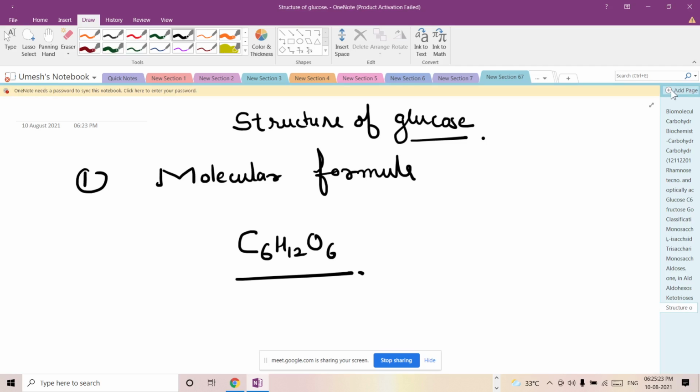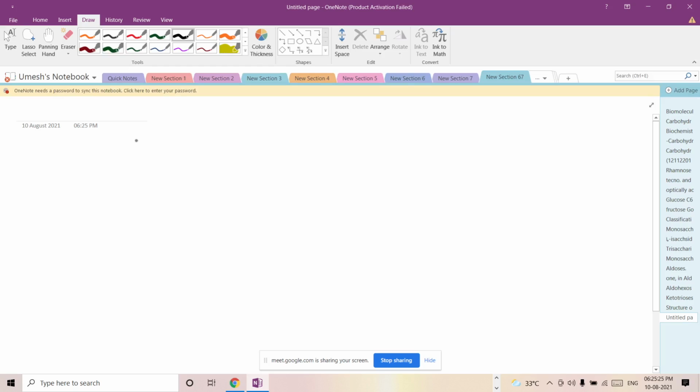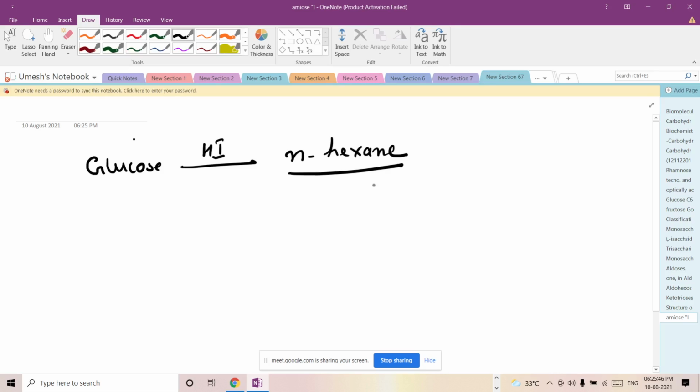And now, if this is the glucose molecular formula, right? And this glucose, if it is treated with hydrogen iodide, we get n-hexane. n-Hexane is a straight chain carbon. Right?